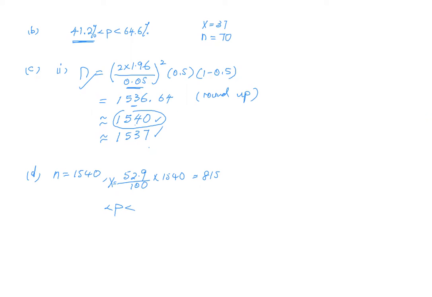I got 50.4 as the lower one. 50.4. Yeah, and then the upper would be 55.4. Okay. So the lowest possible predicted proportion of people who agree to reduce the speed limit is 50.4%, which is greater than 50%. So now the council can go ahead and reduce the speed limit.